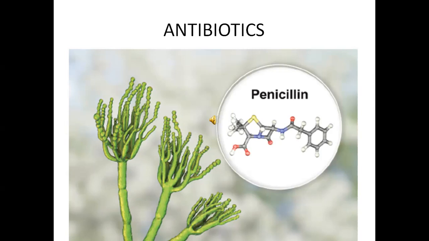On further research, Fleming identified that the mold juice was capable of killing a wide variety of harmful bacteria such as Streptococcus, Meningococcus, and diphtheria bacillus.